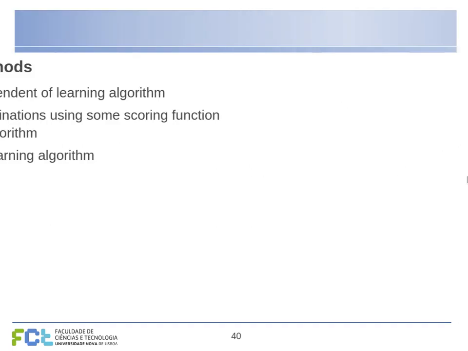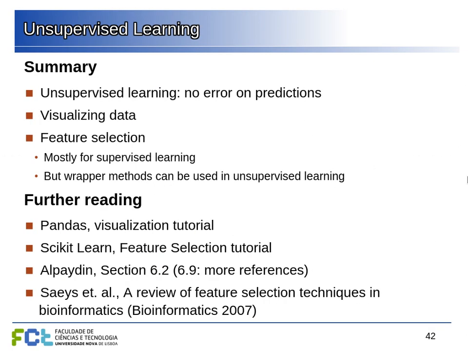So to sum up, we saw the idea of unsupervised learning. We're going to look at more examples, especially clustering, in the next weeks. But the idea here is that we are not aiming at something that we have already observed and trying to adjust to that. We are trying to find some information about the structure of the data.